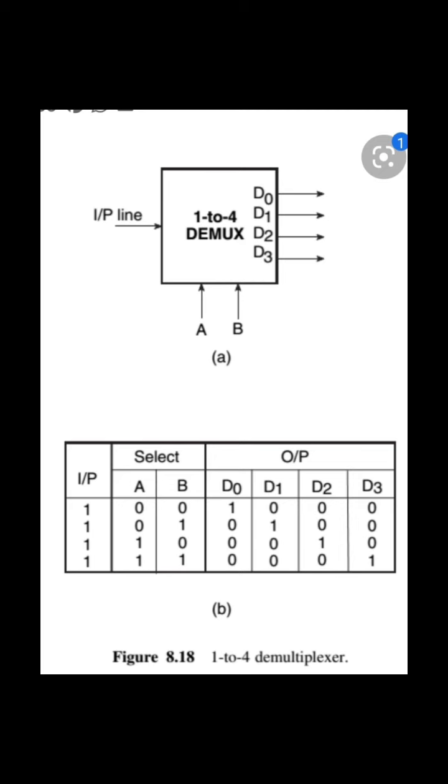The demultiplexer has one input and 4 output lines. It accepts a single input and sends it to one out of 4 output lines, which are selected by control lines, that is, here A and B.